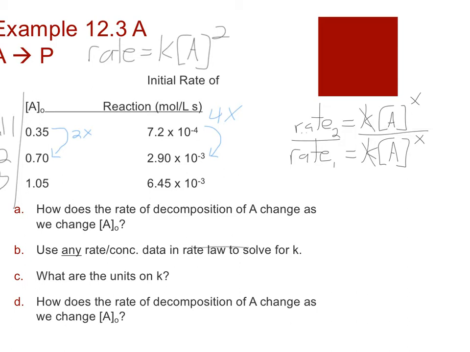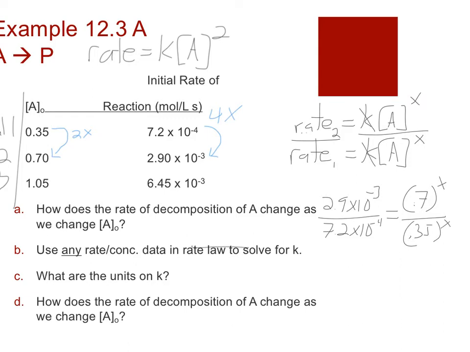cancel out. So rate 2 over rate 1 gives me 2.9 times 10 to the negative third over 7.2 times 10 to the negative fourth equals my concentration in trial 2, which was 0.7, to the x power over 0.35 to the x power.